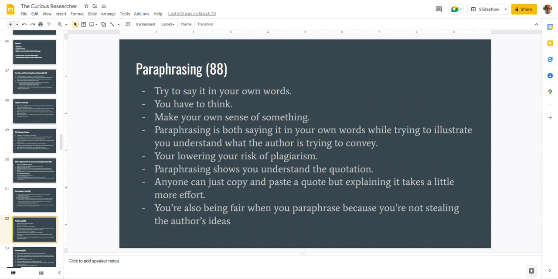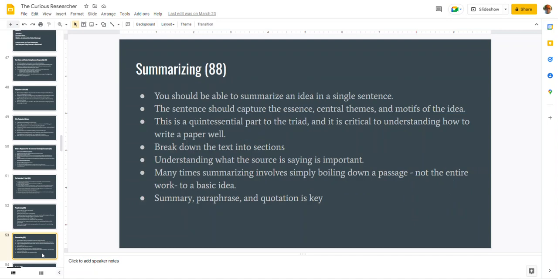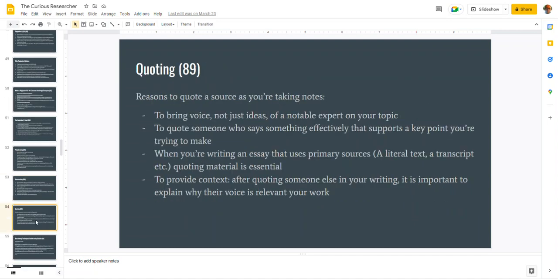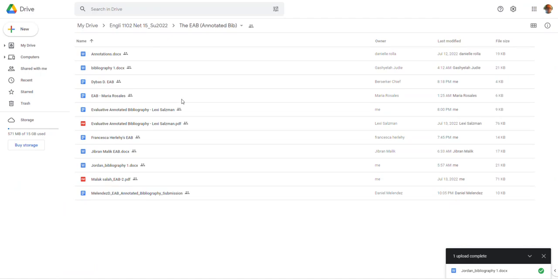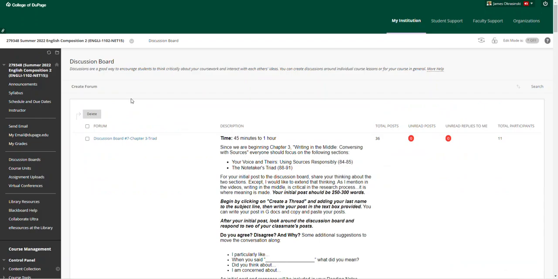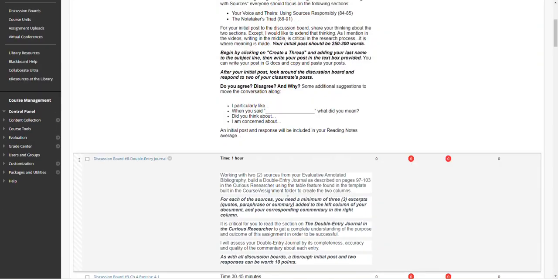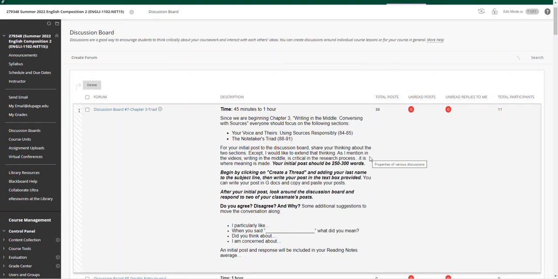I think it's important to understand what paraphrasing is. I know I mentioned it in last week's lecture video about the taxonomy of copying. So you want to make sure that you are clear on what the triad is. All right. So this is just a brief example of what the triad activity would be. In my regular courses, I end up using 5 sources, but for this discussion board, we're only going to use 2 for this activity that's due Friday end of day.